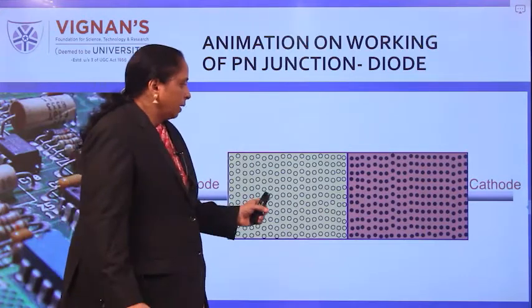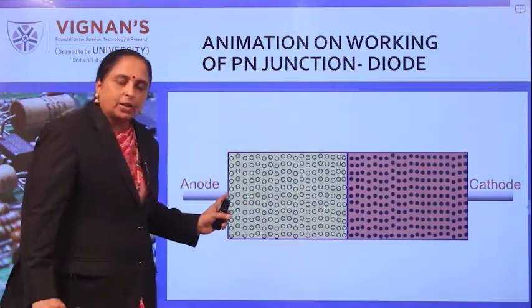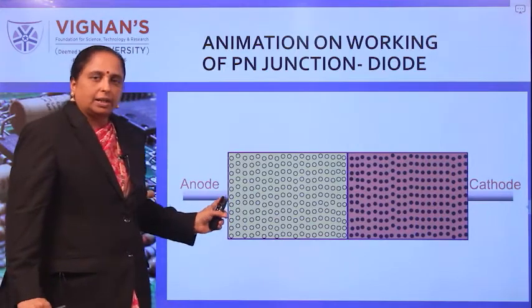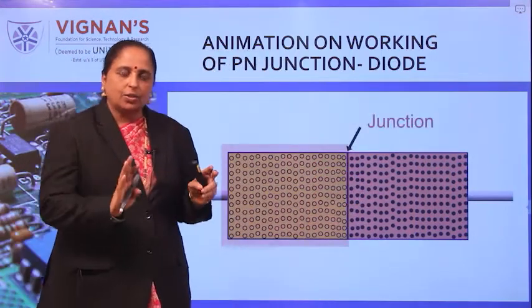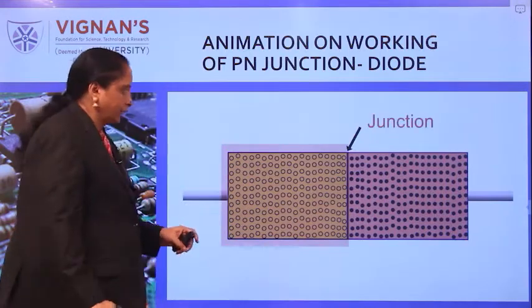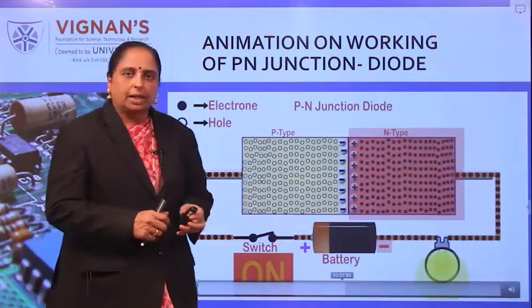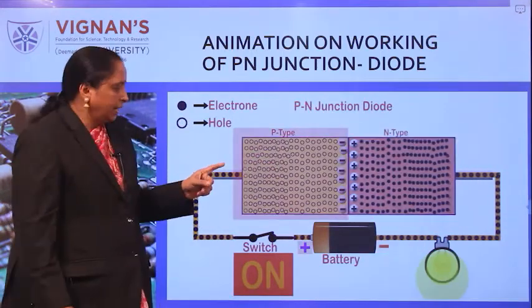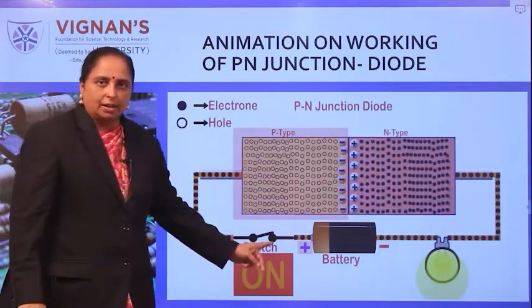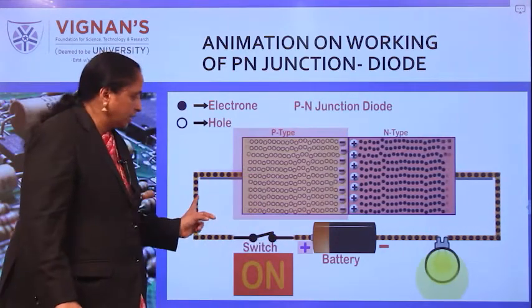If the anode is connected to the positive terminal of the battery and the cathode is connected to the negative terminal of the battery, that is known as the forward bias condition. See how the holes and electrons are crossing this barrier, and the current passing through the external wires is electrons.